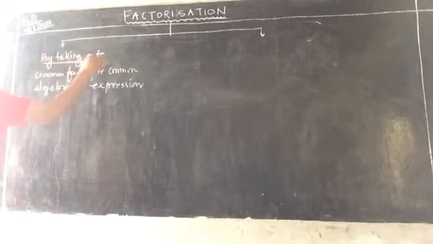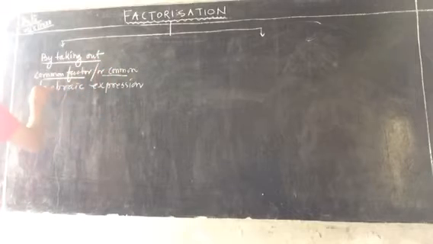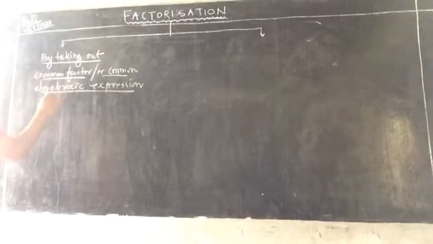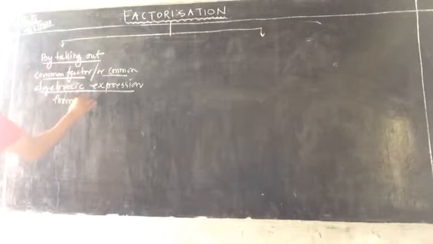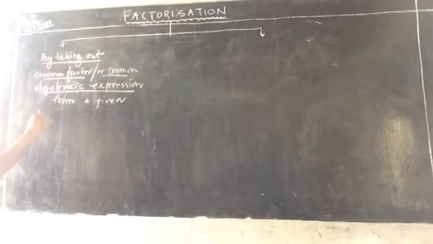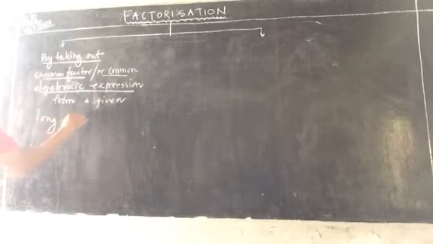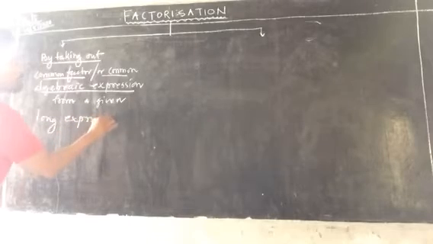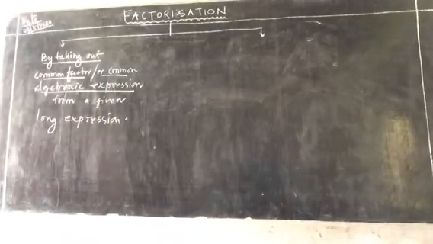Okay, by taking out a common factor or common algebraic expression from a given long expression, this is one way we can factorize any algebraic expression.